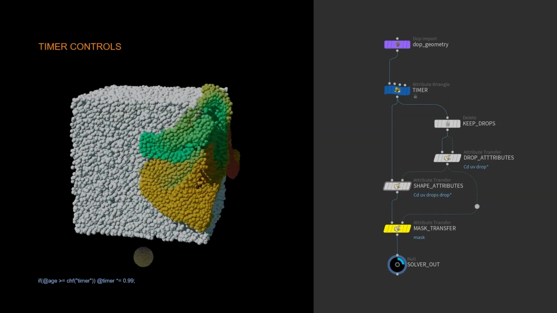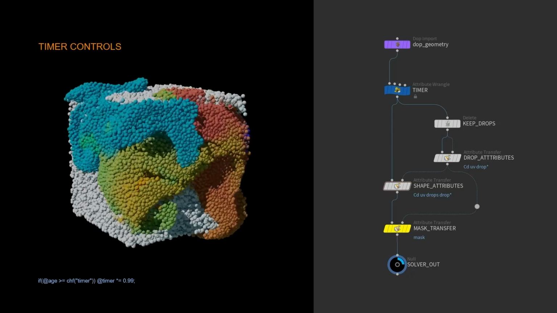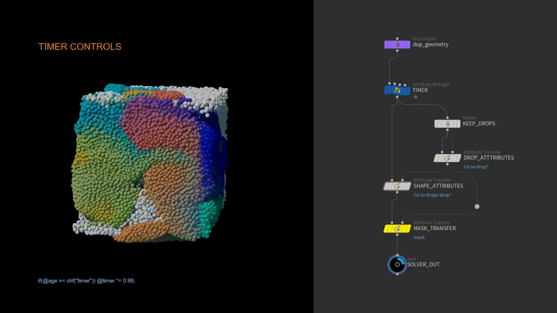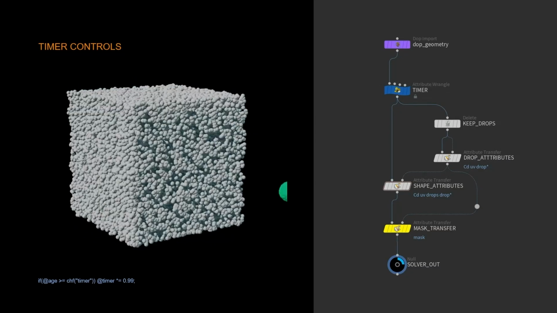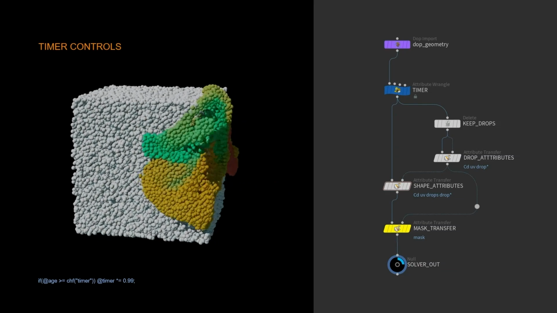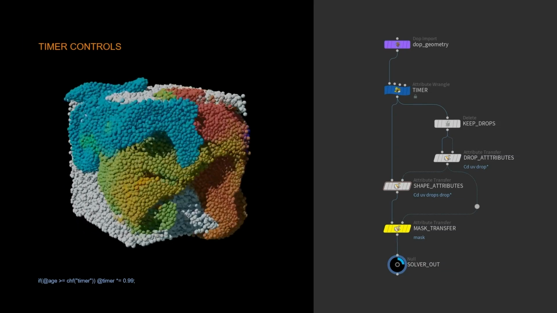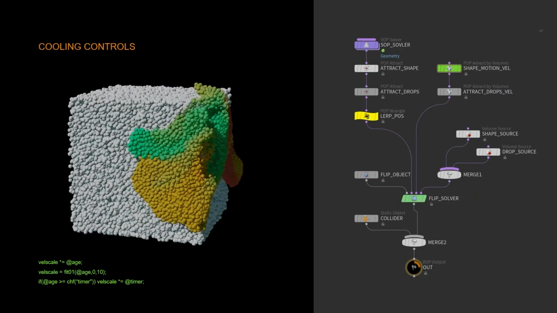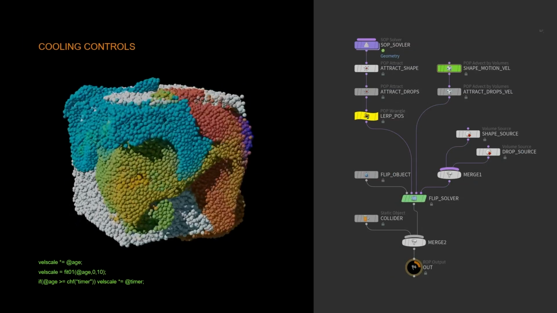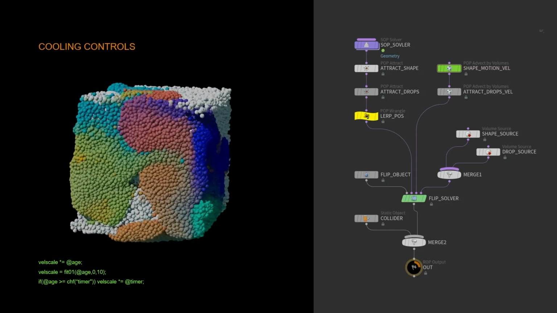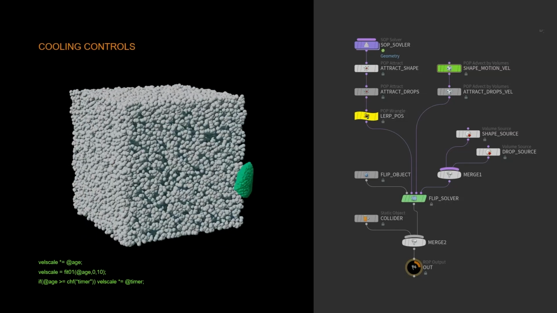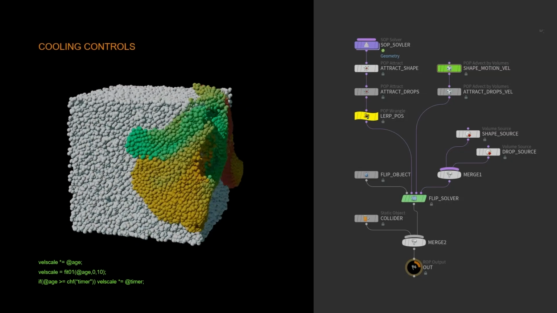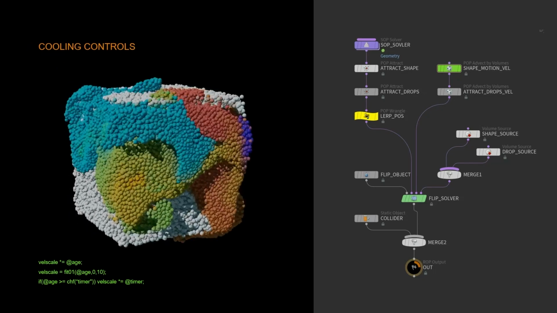And then I created this timer, which is incoming time attribute. At a certain time, I just said, hey there, start cooling down or sort of decreasing its value. And that sort of gave me the ability to drive the velocity of that shape in a procedural way. So every droplet that's coming in, I'm just saying, as you age, just speed up with your velocity.